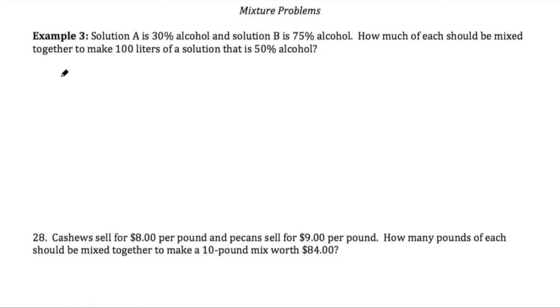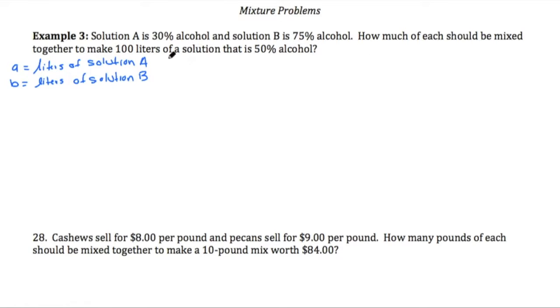So first let's start off by defining what our variables are, and it's asking how much of each. So we've got solution A, so to make it a little bit easier to follow, I'm going to make little a equal the liters of solution A. And let's let little b equal the liters of solution B. Great.